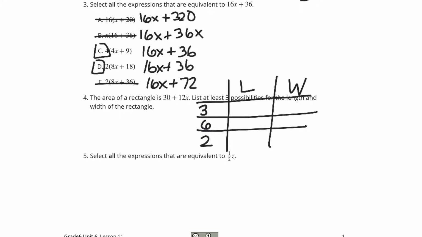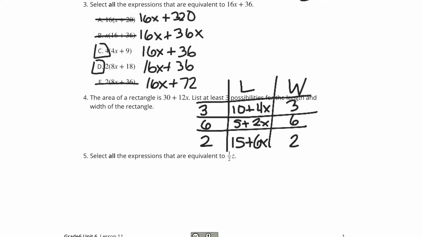Our length, or our width, could be the 3, the 6, and the 2. If that were the case, then if I divide both those numbers by 3, I'd get 10 plus 4x. If I divide both by 6, I get 5 plus 2x. And if I divide both those numbers by 2, I get 15 plus 6x. A lot of possibilities, that's 3 of them.